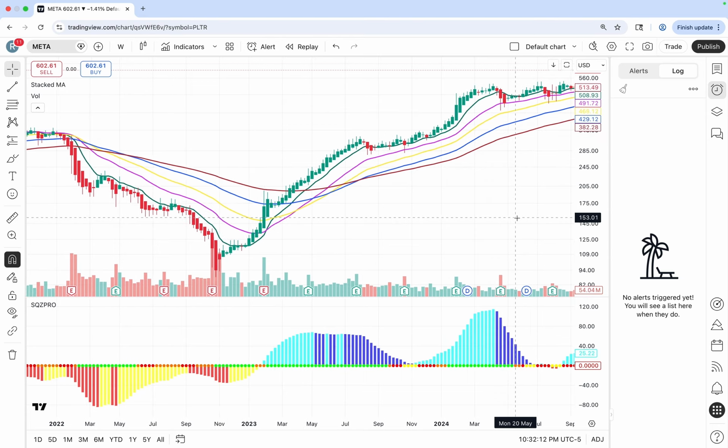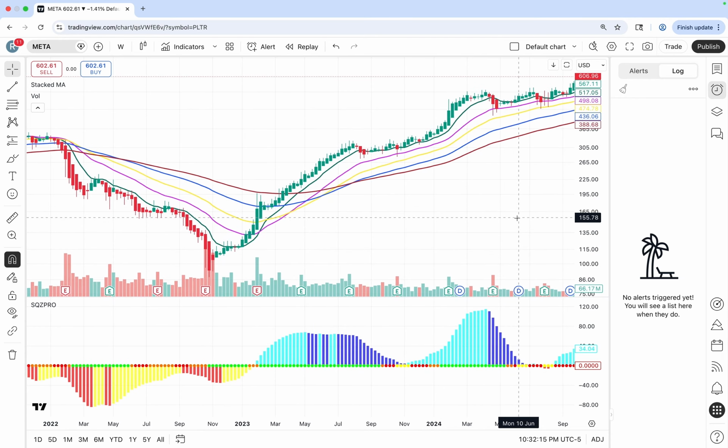So again, you can use this on any asset. I find it really helpful for long-term trading. I use it for swing trading. I use it for day trading, and it is a tool that has really helped me to understand trading in general.